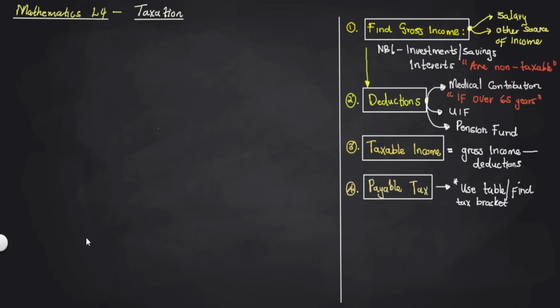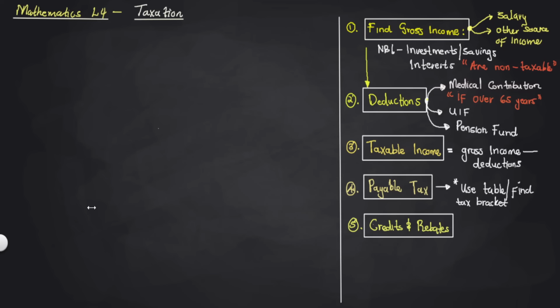Okay, let's just discuss the steps that you should follow when solving our tax returns. Then it's about credits or our rebates. The credits and rebates are actually dependent on age, and if you are making contributions to a medical aid, right?